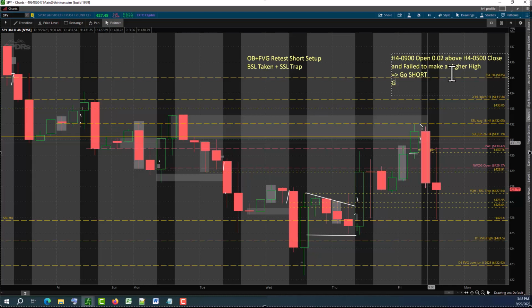Then we need to go to a lower time frame to check entry on the rejection block, right, or the order block. Okay, we need to enter on that. Is that clear enough?